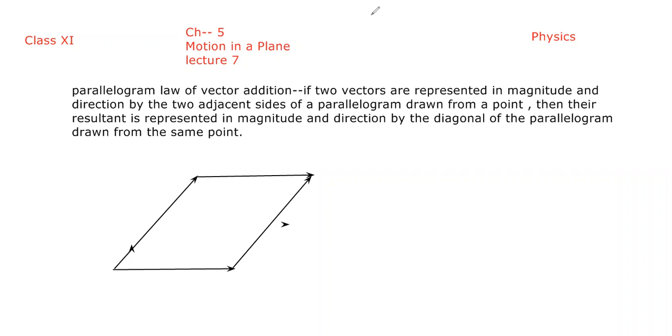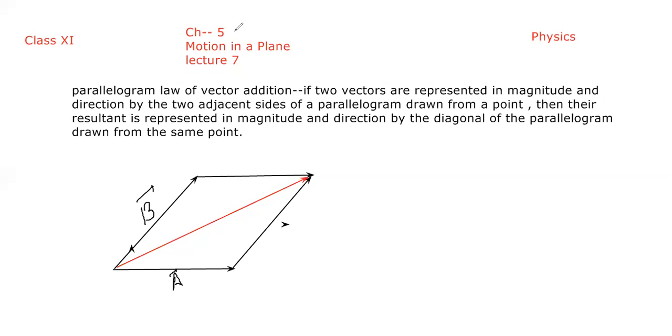The resultant is represented in magnitude and direction by the diagonal of the parallelogram drawn from the same point. Suppose we draw vector B in this way and vector A in this way. This line represents the resultant, starting from the starting point of the vectors. This is the resultant line, capital R.